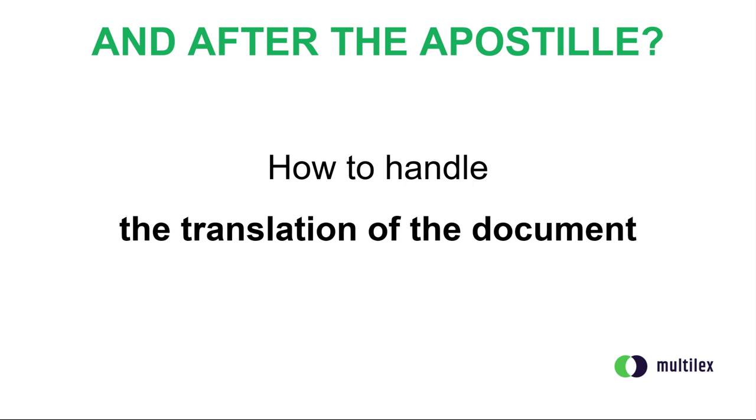And we always suggest, apart from the UK, where the certified translation is accepted, and can be performed also in Italy, to always perform the translation in the destination country through an official translator of the destination country or an official translation agency. This would make things easier and would lessen the risk of the destination entity not accepting the document because the translation is not compliant with their requirements.